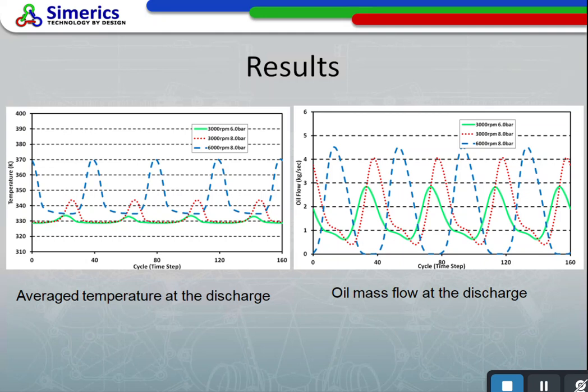For example, if we check case 3, we can see that when the mass flow reached almost 0 at time step 40, we can go back to check the temperature. We can say that at the same time, the temperature reaches the highest peak around 370 degrees. This clearly shows the cooling effect of the oil in the twin screw compressor.